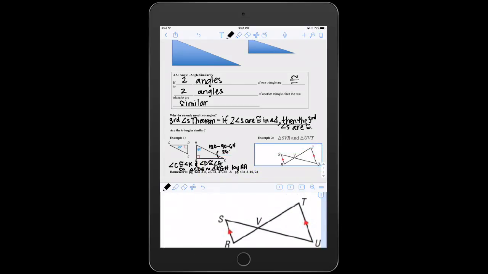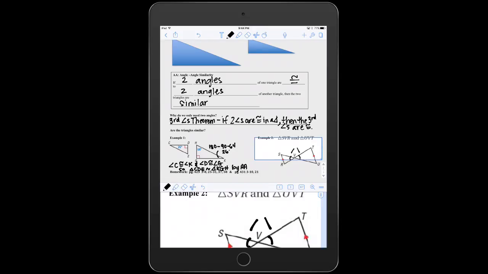All right, in this next one, when we look at this, we can see, hopefully right off the bat, that this looks like a bow tie. And whenever we have a bow tie, we have congruent angles in the middle. And the reason is that those are vertical angles.